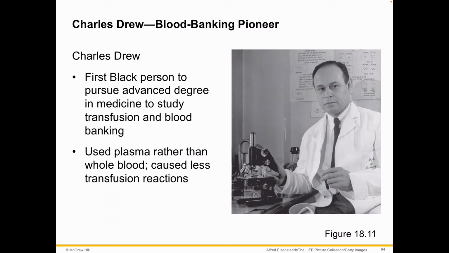Charles Drew, however, was a really important blood banking pioneer. Charles Drew was the first Black person to pursue an advanced degree in medicine and was very, very essential in bringing about these ideas that science for a while now has been showing that humans are actually really similar. Like race is a social concept and not even a biological concept, right?